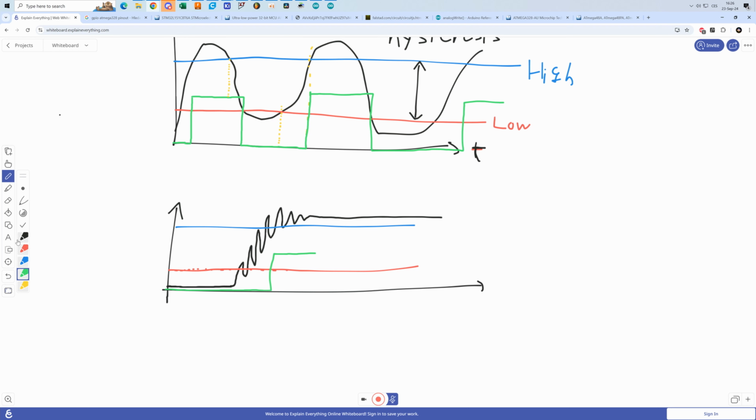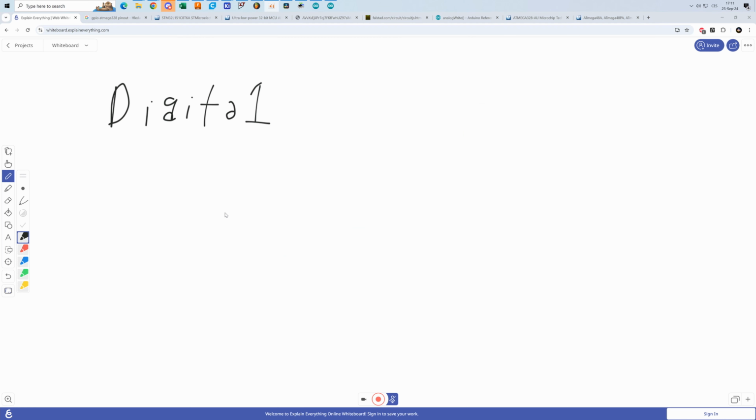So even though over here we have certainly crossed the low threshold, nothing will happen because we must cross the high threshold first. So this hysteresis sort of acts as an immunity to EMI.